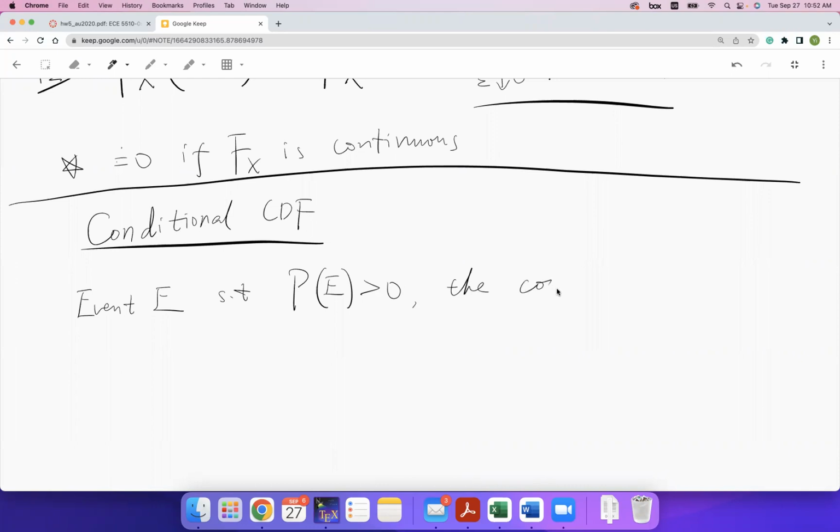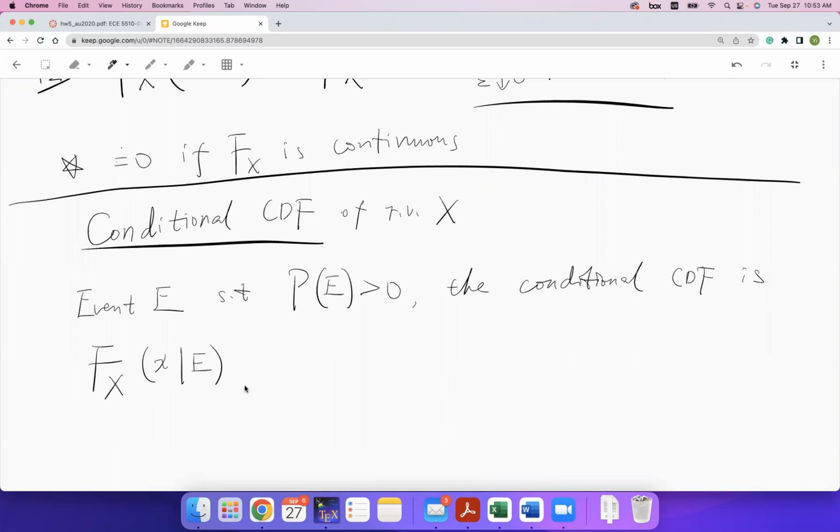The conditional CDF is defined as the following. Again, we are using F_X to denote the CDF associated with random variable X. And the small x is the threshold, a parameter of the CDF function. And now we are conditioning on this event E.